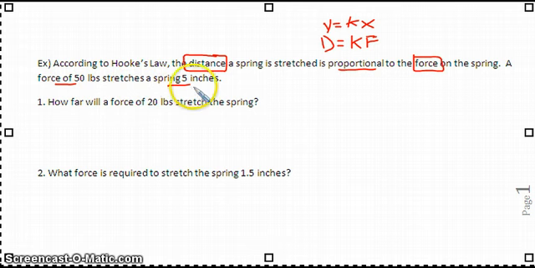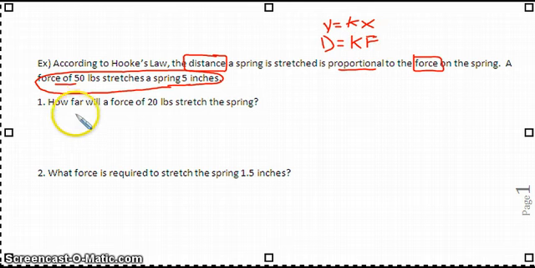I have to use all of this just to be able to write the generic equation. I can't do anything with problem number 1 until I know what my generic equation is. Okay, so that's important to know. I'm not going to do number 1 at all. First, I'm just going to write my equation. And the way I'm going to do that is I'm going to go through and plug in what I know.